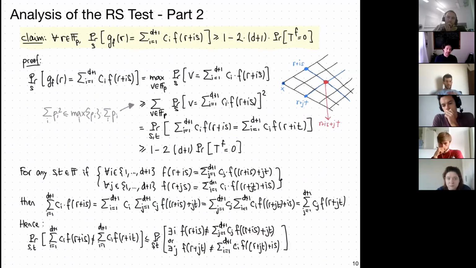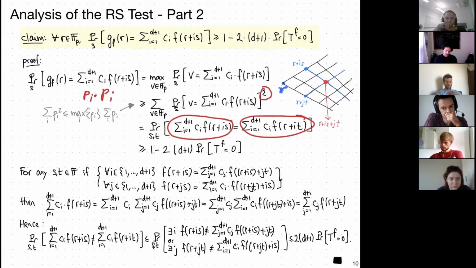And here we have exactly the same thing, just with more notation. It's just, what is the probability of two random shifts being bad, which is exactly the constraints that we're checking. And the reason why we have this factor of 2 times d plus 1 is because of the number of constraints that we're actually checking here.